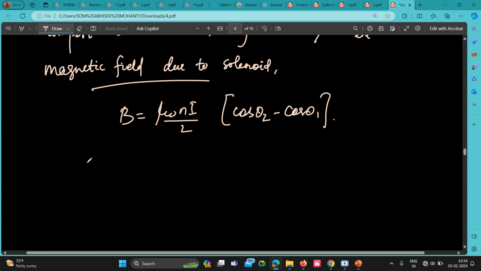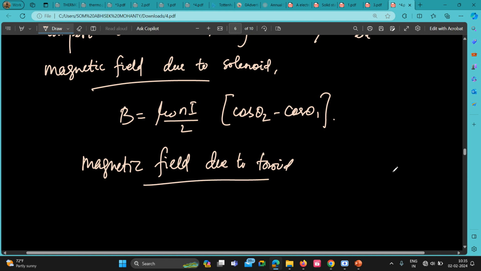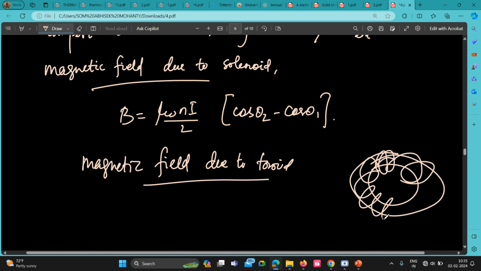So for example, the magnetic field due to a toroid. What is a toroid? Like this, the loops are like this. B inside is 0 and B outside is 0, but here B is not 0.